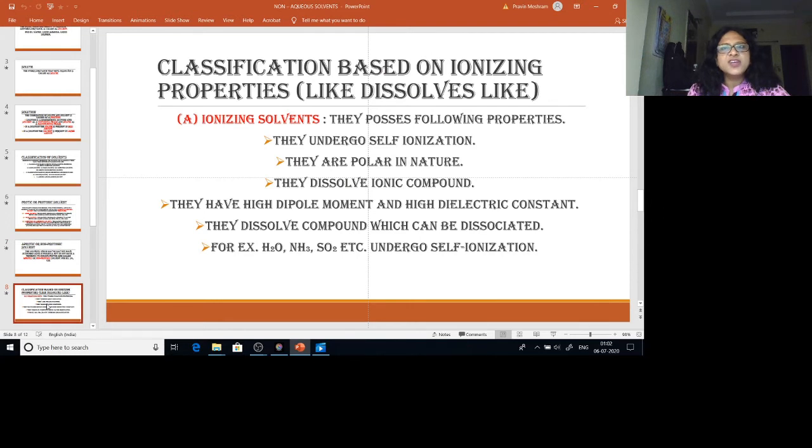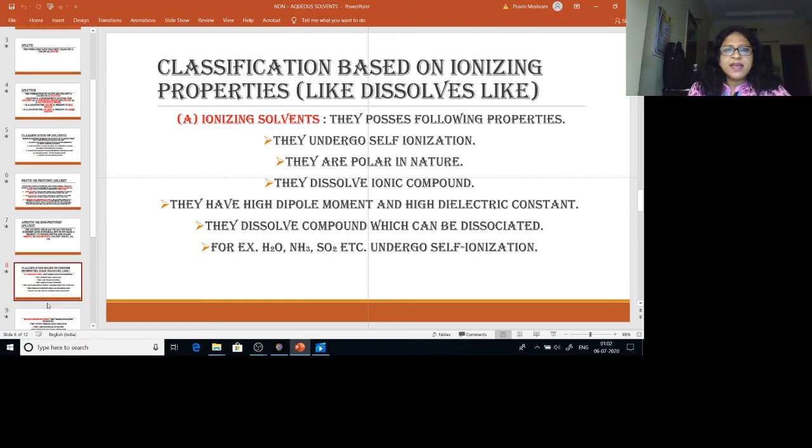Then the classification based on ionizing property. First is ionizing solvents. They possess the following properties. They undergo self-ionization. They are polar in nature. They dissolve ionic compounds. They have high dipole moment and high dielectric constant. They dissolve compounds which can be dissociated.